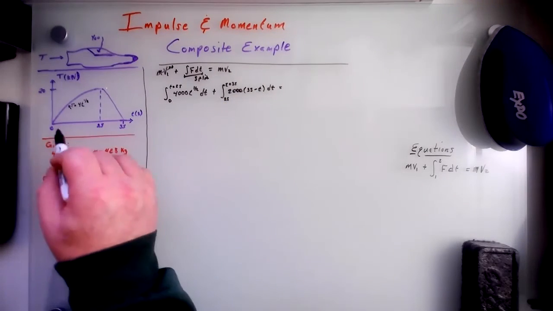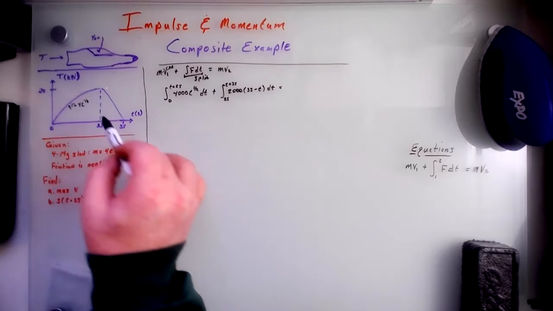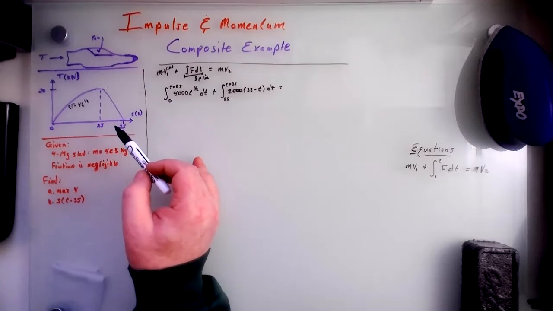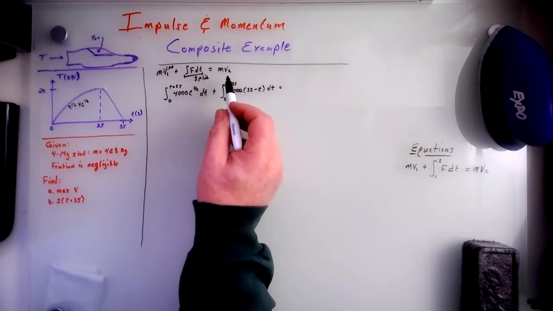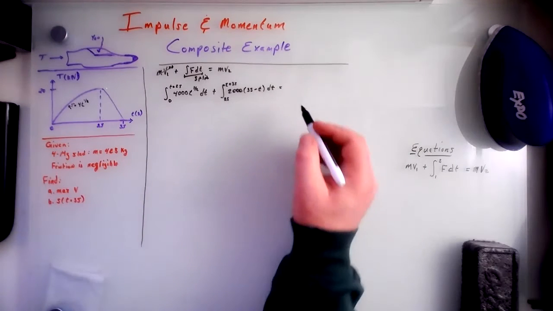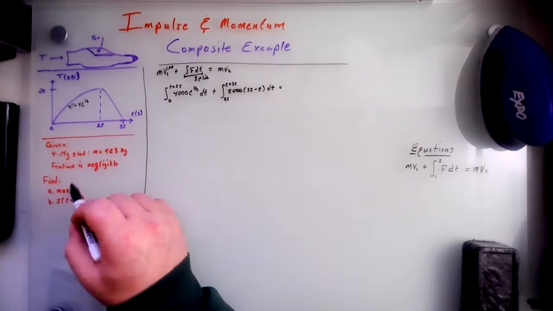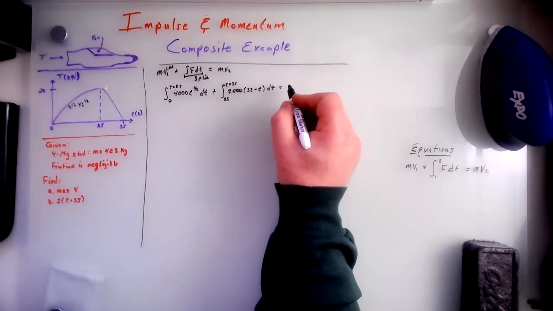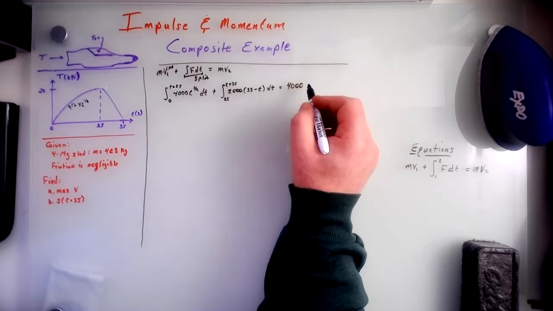That's going to equal mv2, and this is a frictionless system. The thrust is causing it to accelerate the entire time, so our v2 at t equals 35 is going to be our max v. The mass is 4,000 kilograms times v max.